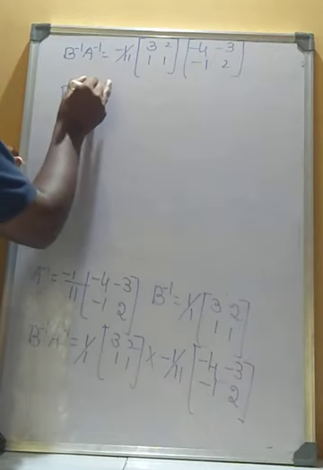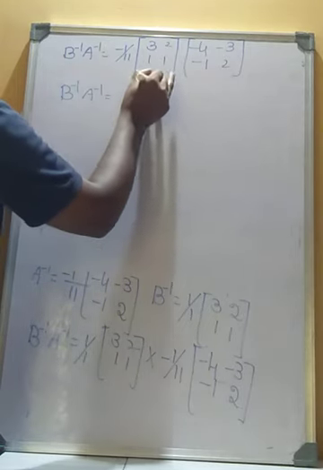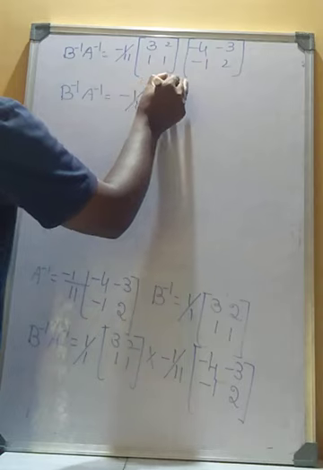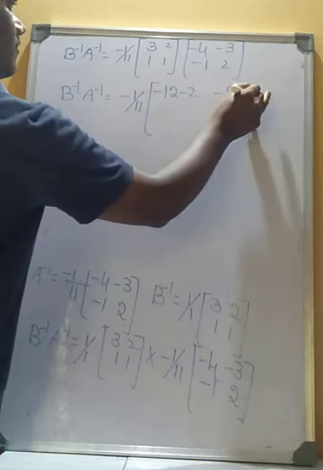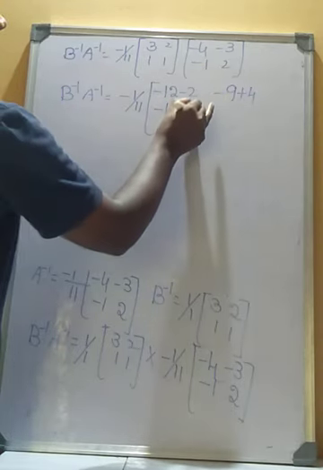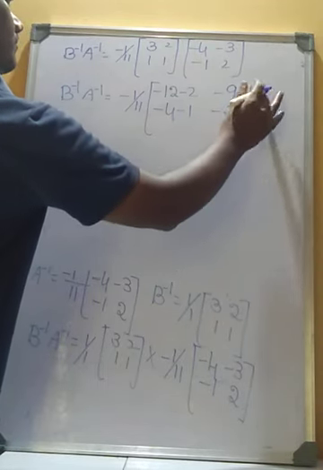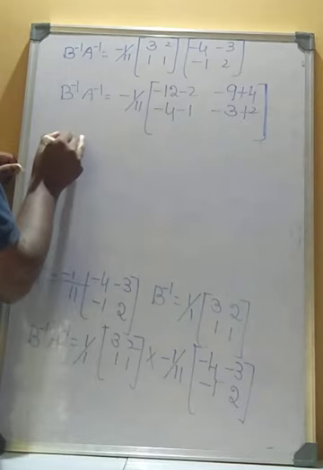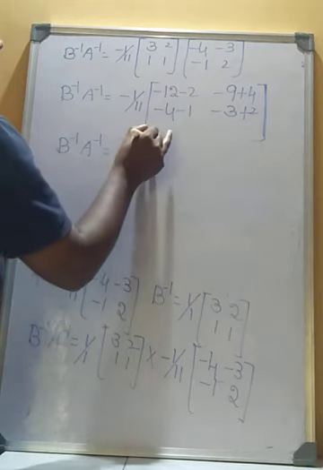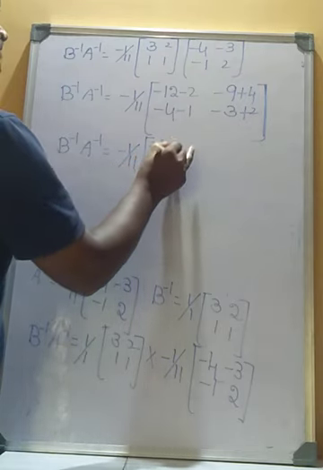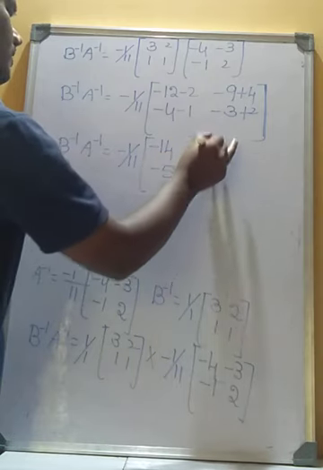Therefore, B inverse into A inverse is equal to minus 1 by 11 into [-12 - 2, -9 + 4; -4 - 1, -3 + 2]. Therefore, B inverse into A inverse is equal to minus 1 by 11 into [-14, -5; -5, -1].